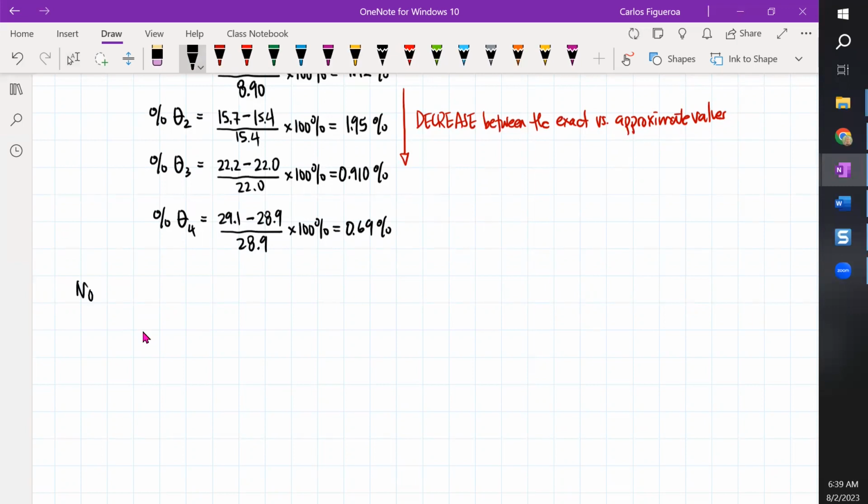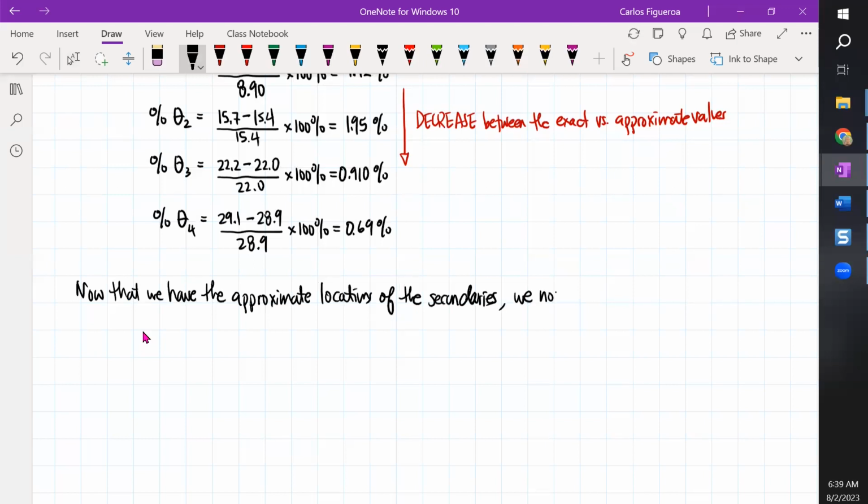Now that we have the approximate locations of these secondaries, we need to calculate the phase factor alpha.